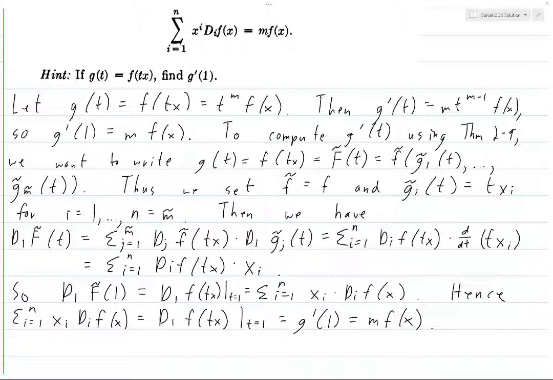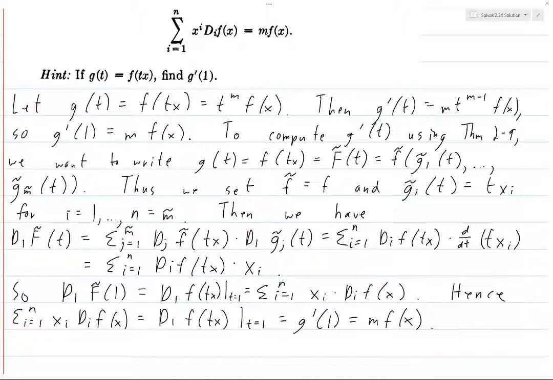And of course, I think one of the more difficult parts is the fact that for d1 capital F tilde, you're taking the derivative with respect to t, but for di f tilde of tx, you're taking the derivative with respect to the spatial coordinates. So once you have all of that worked out, you can do it.